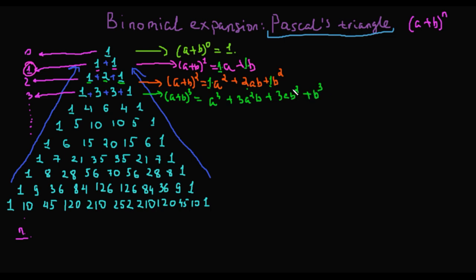Great job. Again, the coefficients are 1, 3, 3, 1, matching the triangle. Crazy, yeah? Now we understand how we get these numbers and why Pascal's triangle coefficients are important in order to expand our binomial expressions.